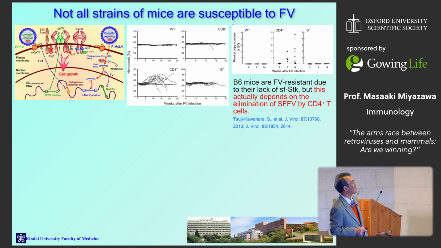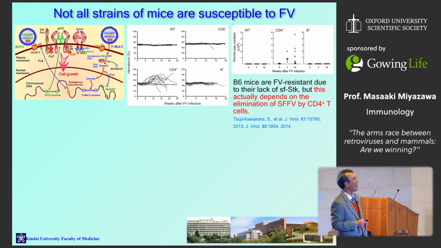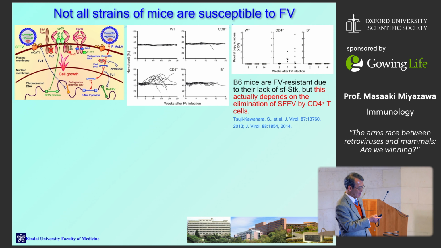Now, as a matter of fact, B6 mice do not develop any fatal disease after infection with the friend virus complex, while as I have shown, the susceptible strains of mice are dying very rapidly after infection.